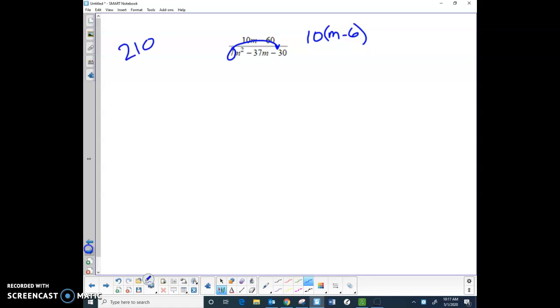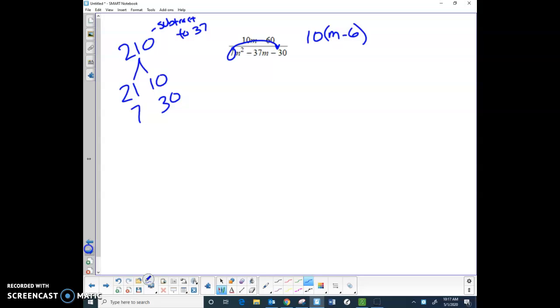My signs are both negative, which means I need numbers that are going to subtract to get to 37. Looking at this, probably the easiest one to see is 21 and 10. But that doesn't give me 37. Well, I know 7 times 3 is 21, so I can do 7 and 30.